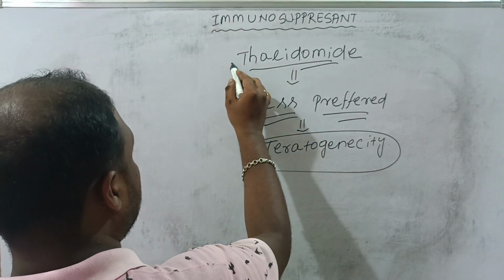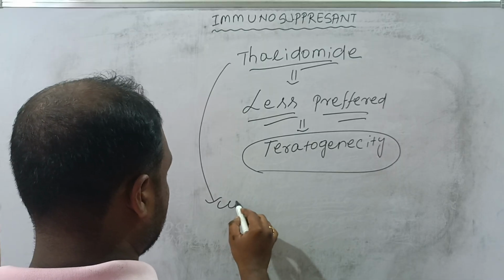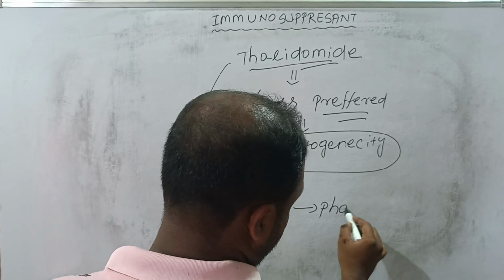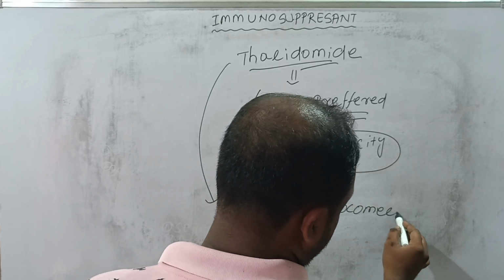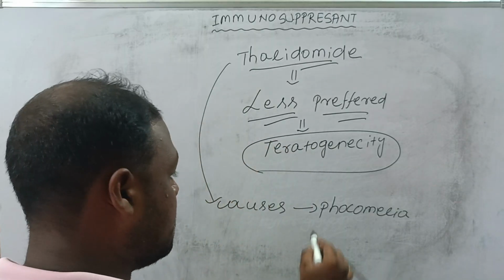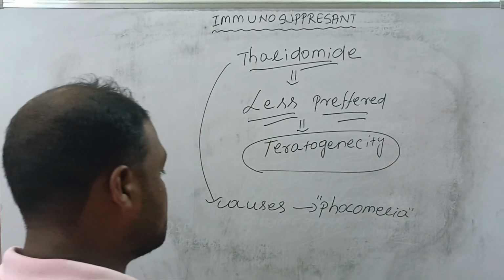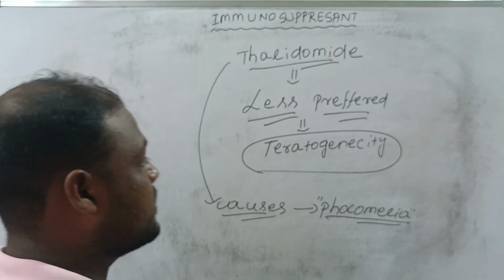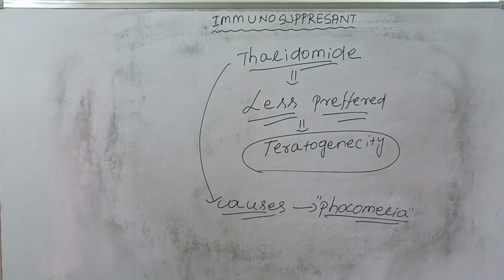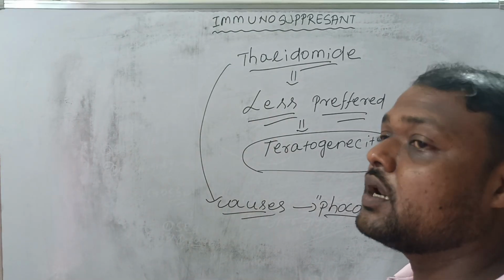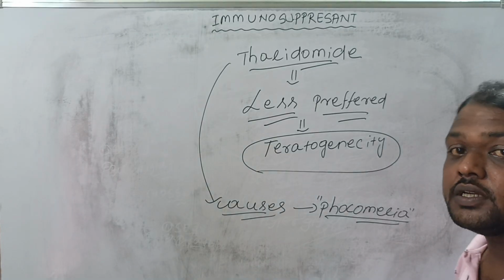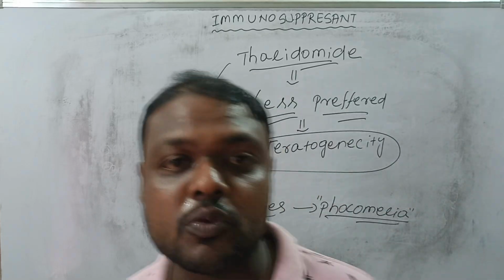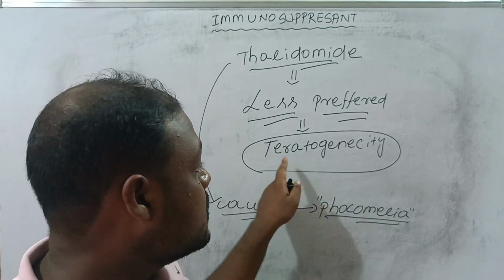Thalidomide causes phocomelia. The question asks: thalidomide is a less preferred immunosuppressant due to what?